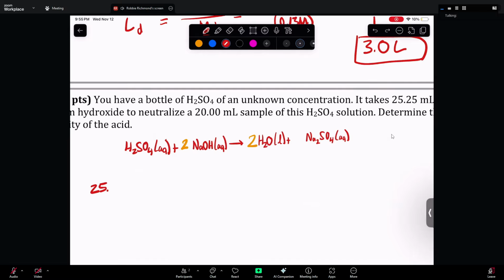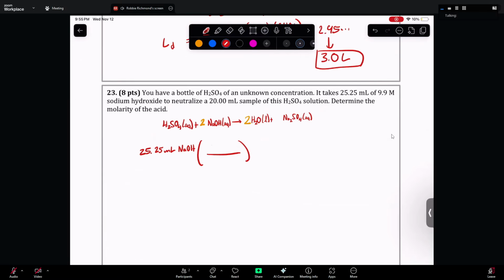Alrighty, so 25.25 mL of NaOH. Then we're trying to convert it into moles for stoichiometry purposes. So the given concentration is 9.9 moles of NaOH per 1 liter of solution.